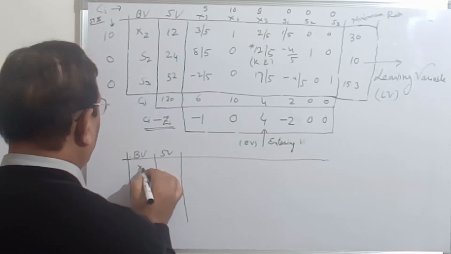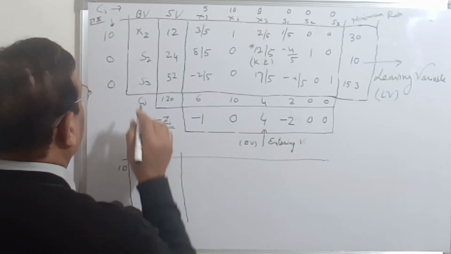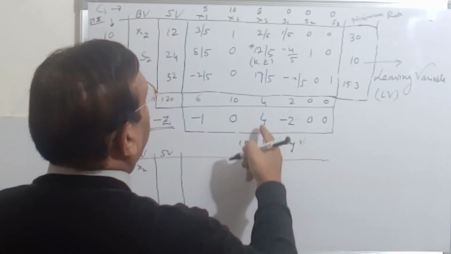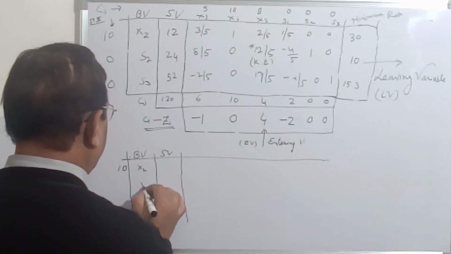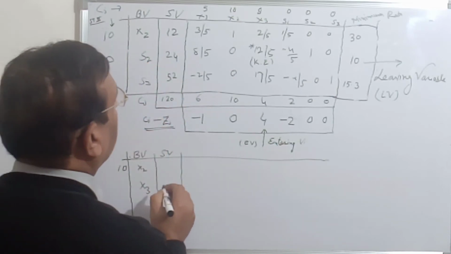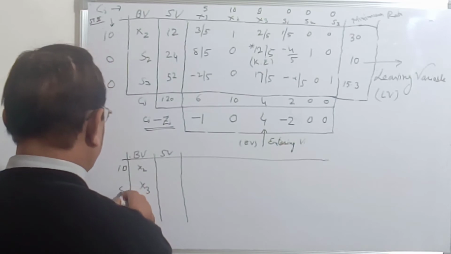Here x2, you can write 10. We know what is x2's coefficient. Now x3 will come in place of S2 and its coefficient will be 8.